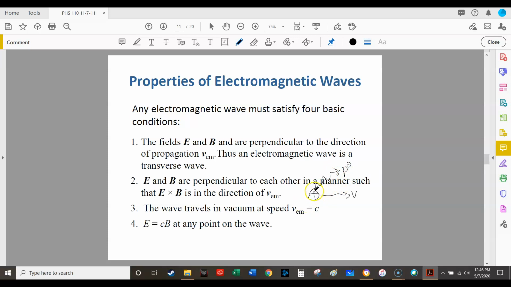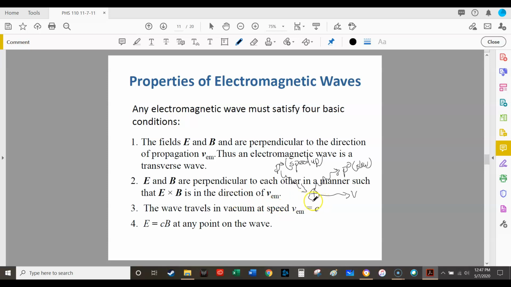And in order to speed up, it's going to have to absorb a photon to speed up, right? So that's why photons are the kinetic energies of charged particles, right? So they're the ones that carry visible light, okay?